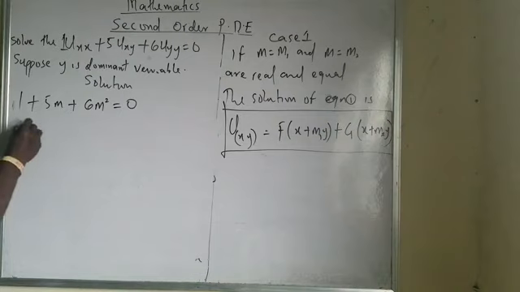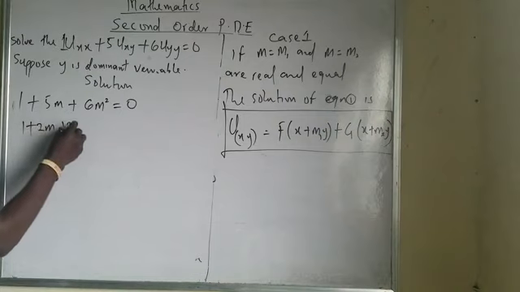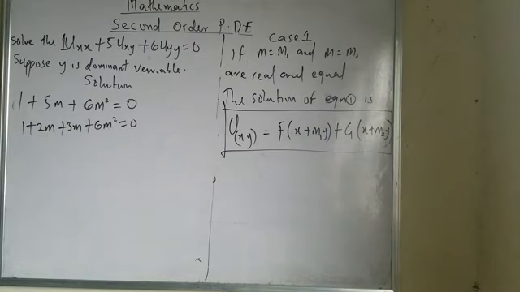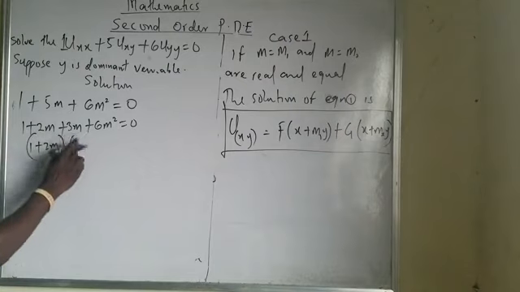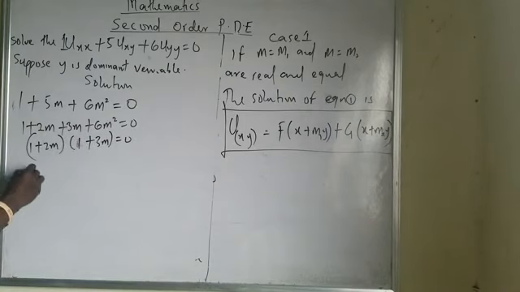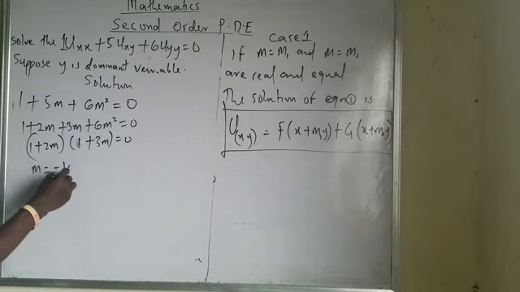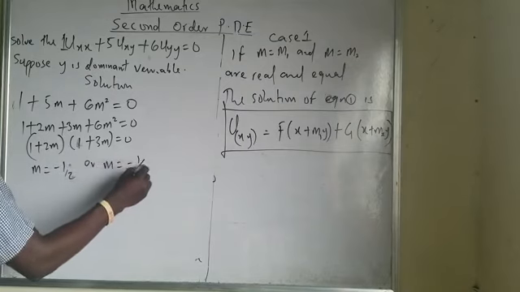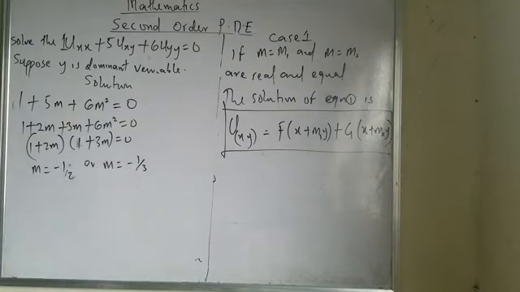We all know 1 plus 2m plus 3m plus 6m squared equals 0, which gives 1 plus 2m and 1 plus 3m equals 0. It means my m can be equal to minus 1 over 2, or my m equals minus 1 over 3. I'm just solving a quadratic equation.